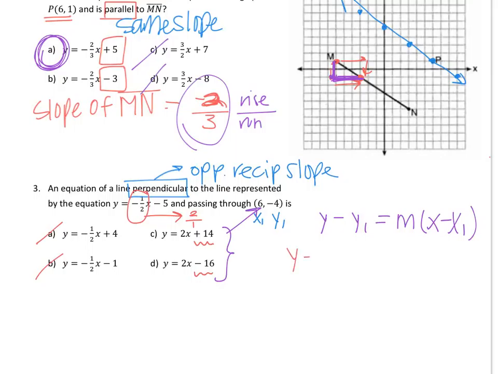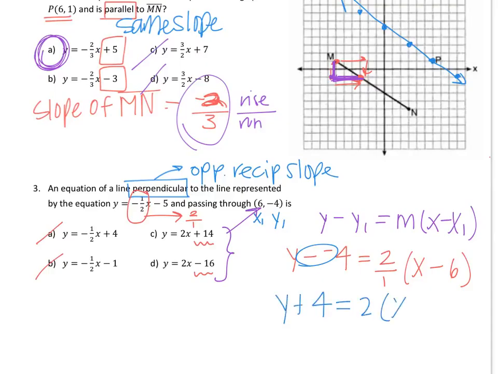So we have y minus the y1 value, -4, equals our new slope, 2 over 1, times x minus the x1 value, 6. Remember again, double negative turns to positive, so we have y plus 4 equals 2 times x minus 6.